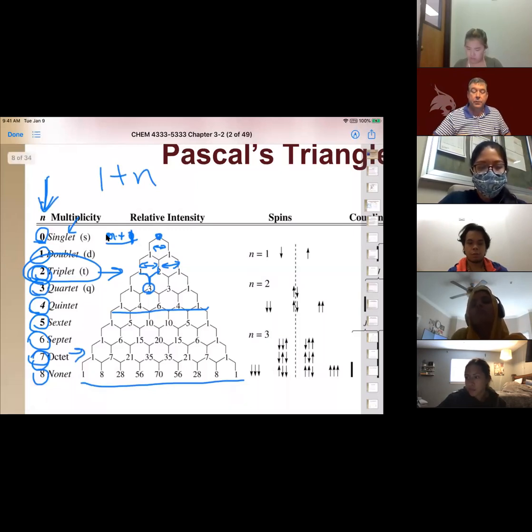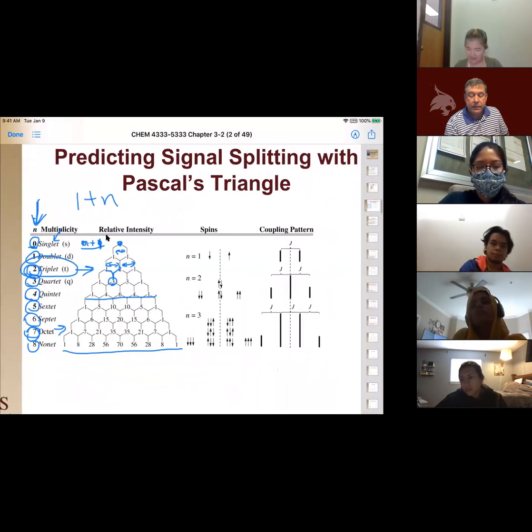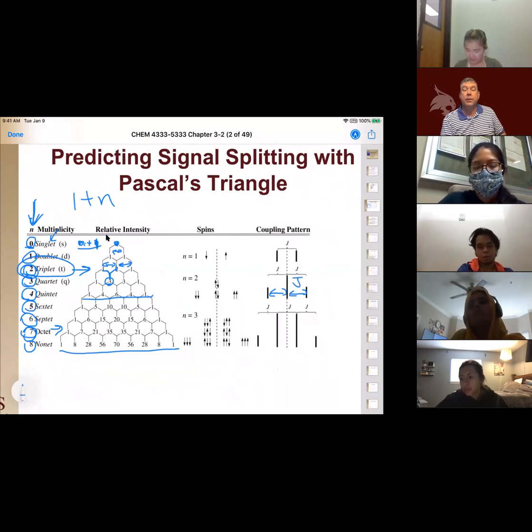There was a question in the super chat. Okay. So that being said, these peaks are always going to be evenly spaced, and that even spacing is always associated with the coupling constant. Questions on it?